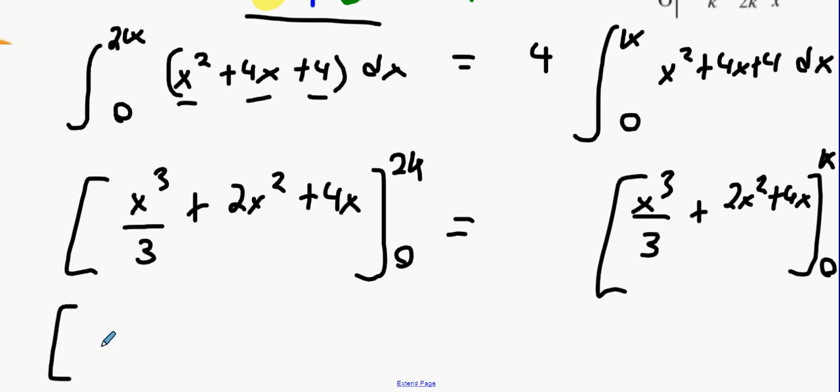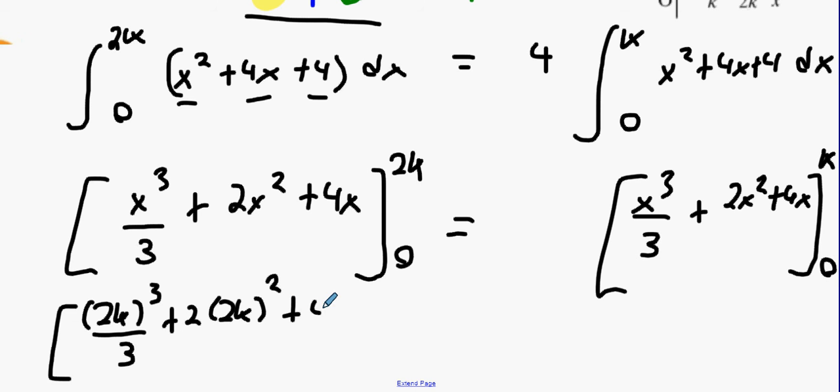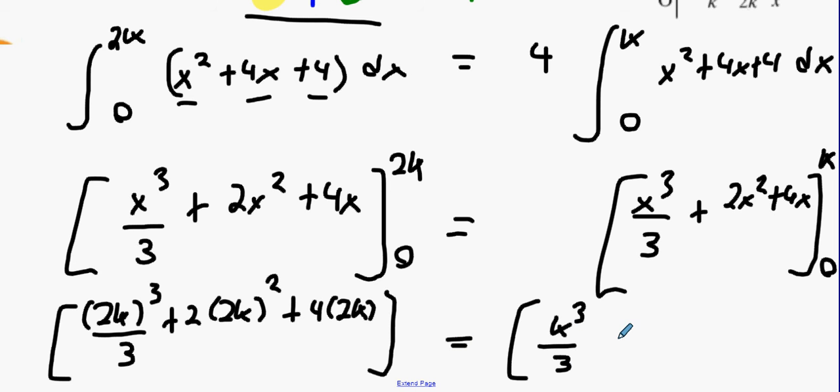So we're going to get 2k to the power 3 over 3 plus 2 times 2k squared plus 4 times 2k, and then over this side it's going to be k cubed over 3 plus 2k squared plus 4k.